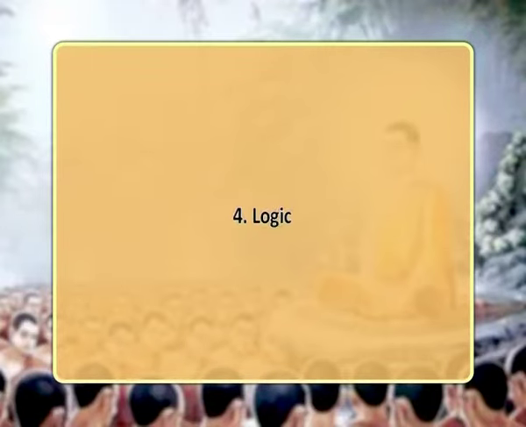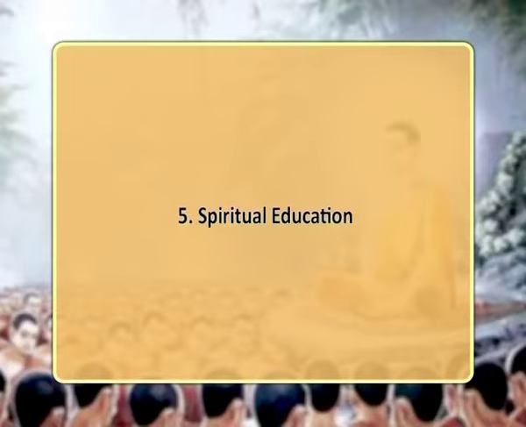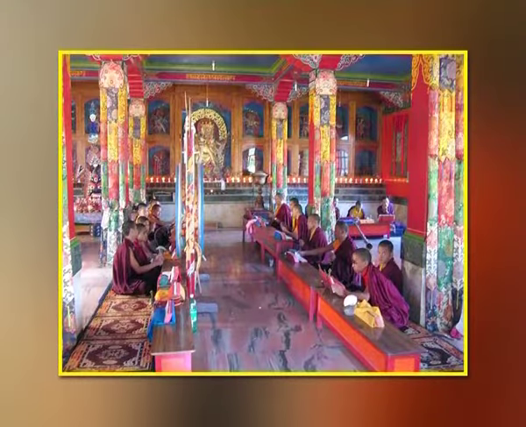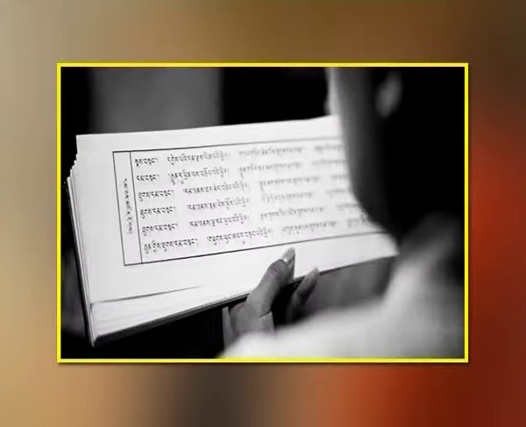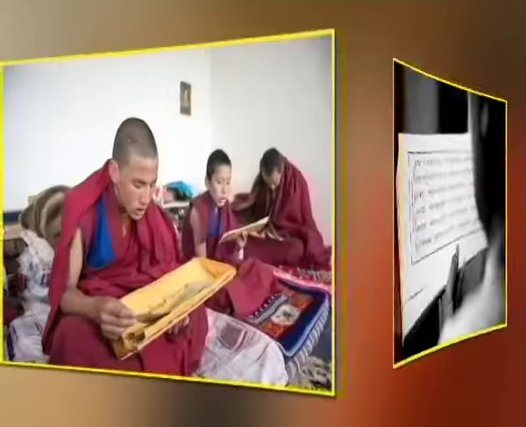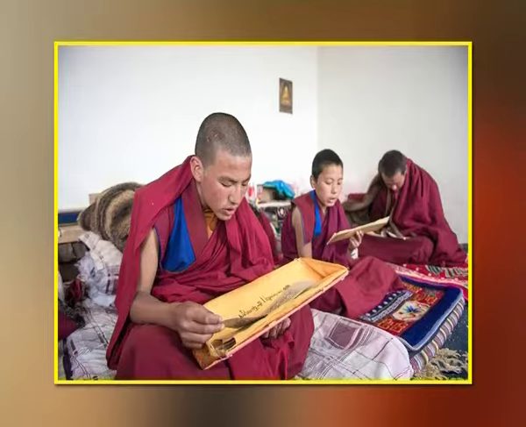The fourth category is logic, which involves thinking and reasoning. Fifth is spiritual education. It includes the study of Buddhism, Vedic literature and a comparison of different philosophies with Buddhism.